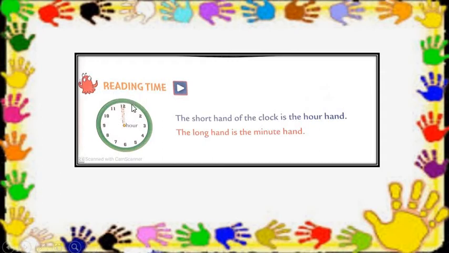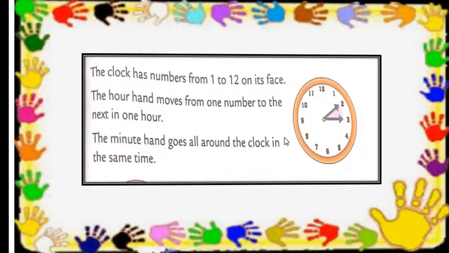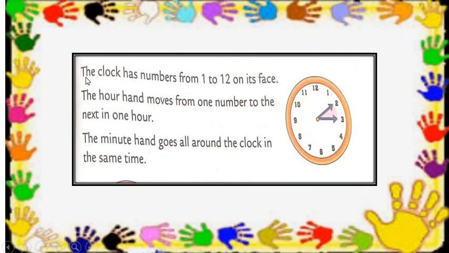Reading time. The short hand of the clock is the hour hand. The long hand is the minute hand. The clock has numbers from 1 to 12 on its face.